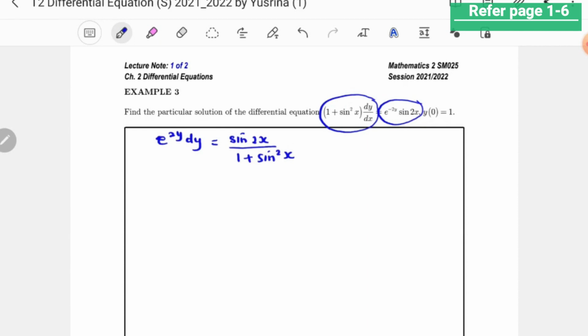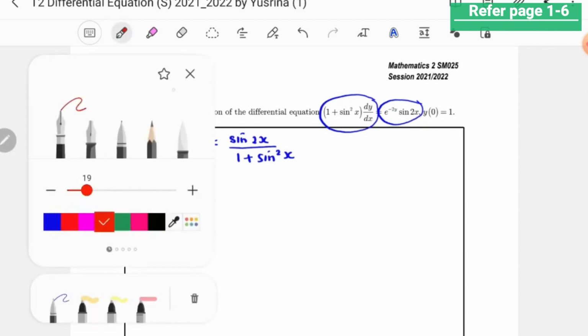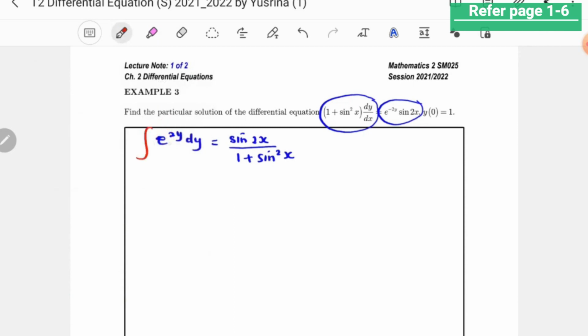So we separate the variables first and then integrate both sides. The second step is integrate both sides. This one is missing dx, sorry, dx. So integrate both sides.